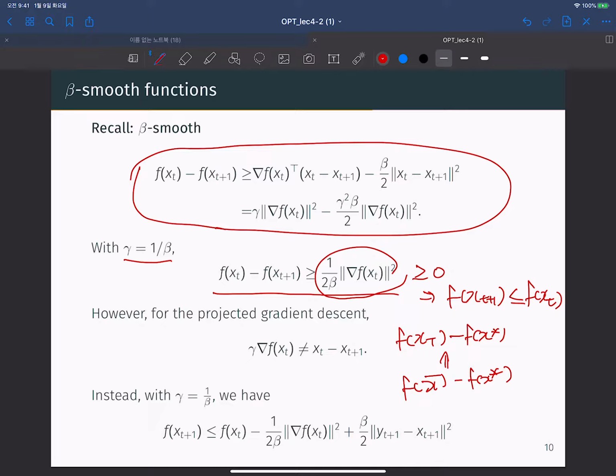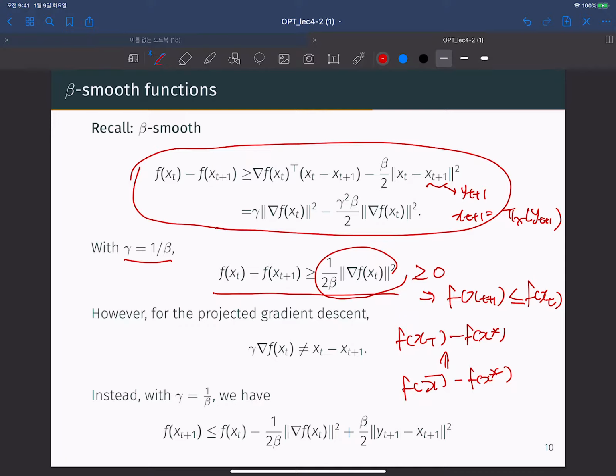But the problem is here, again, we have to deal with the projection. Now y_{t+1} is the gradient step, and we have to define x_{t+1} as a projection of y_{t+1}. That is the main challenge when we introduce a convex constraint set.